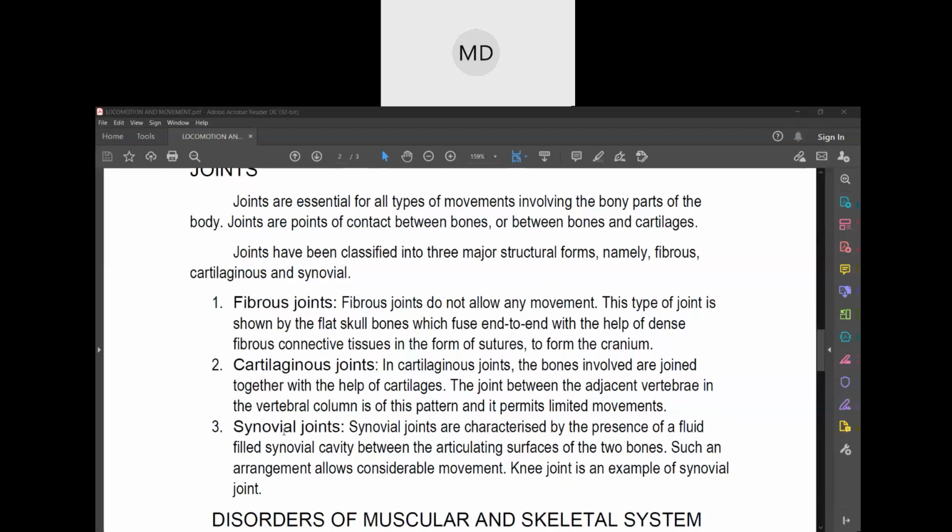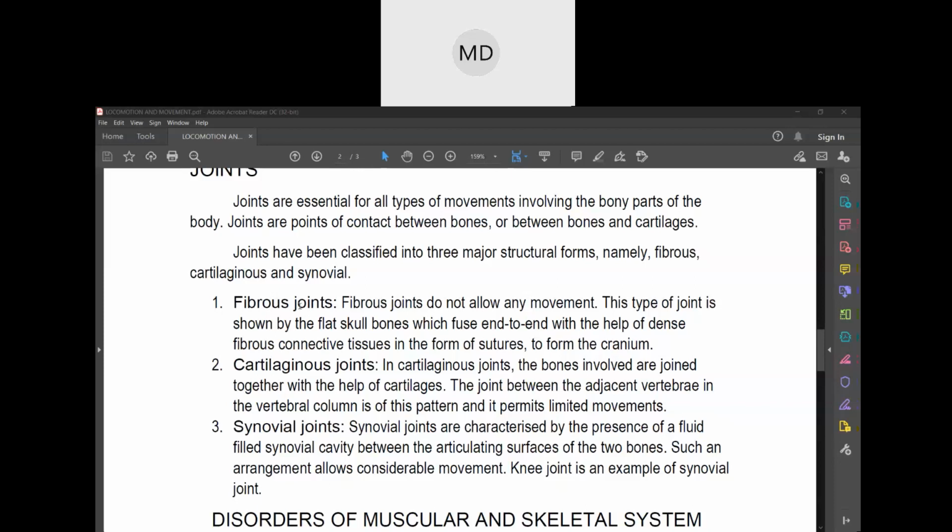If they allow movement, they are placed in one category; if they do not, they are placed in another; and if they allow some but not so much movement, they are placed in yet another category. Then there are also other differences.